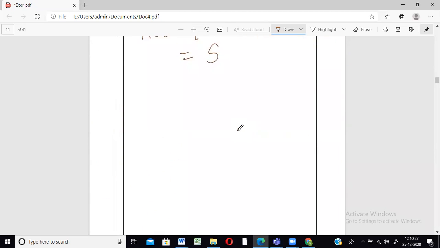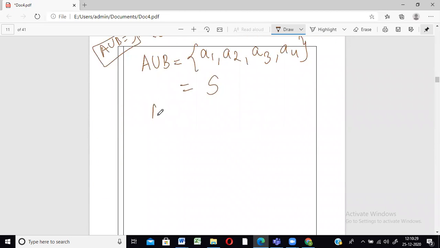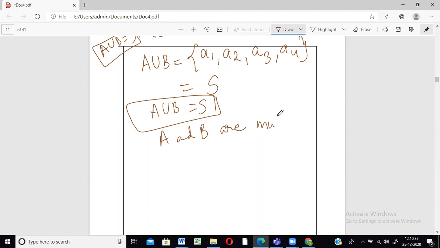So now we have got A union B equal to the entire sample space, which means A and B are mutually exhaustive events. Please don't confuse between exclusive and exhaustive. Exclusive means in the intersection you don't have anything. Exhaustive means taking the combination of both, you get the entire sample space. That is called exhaustive.